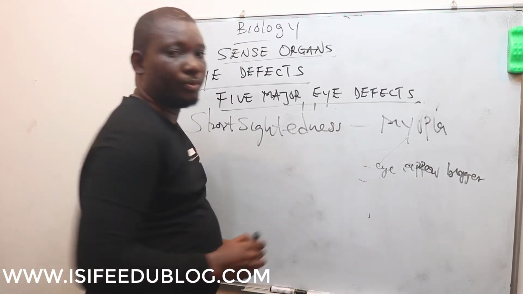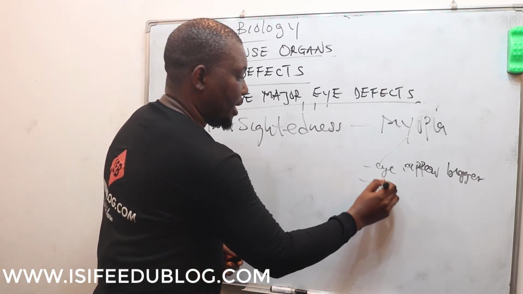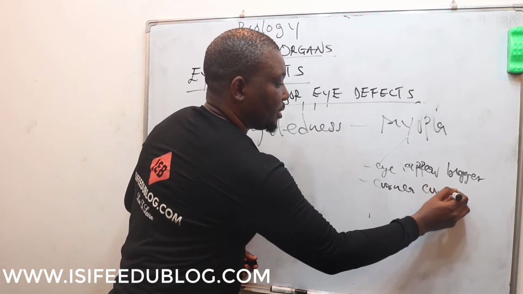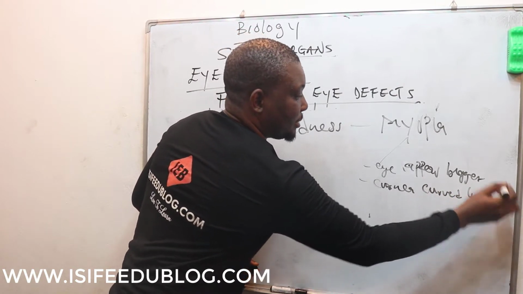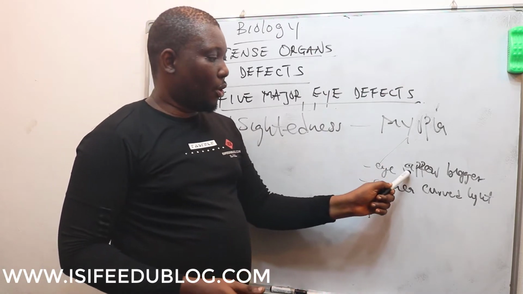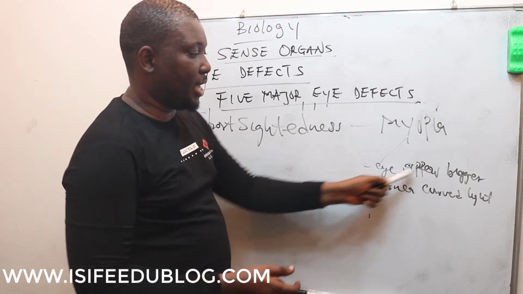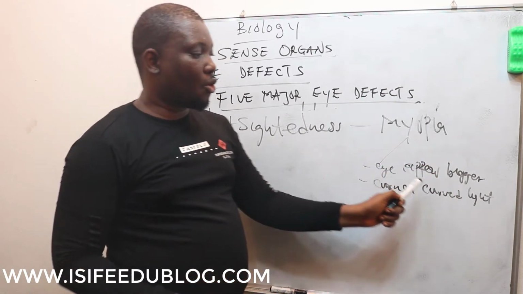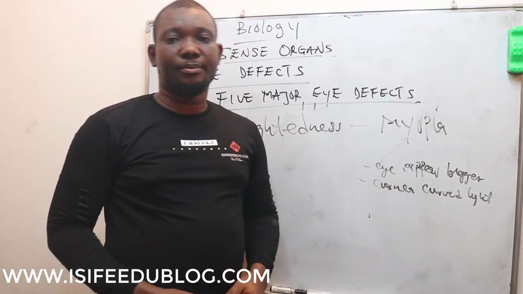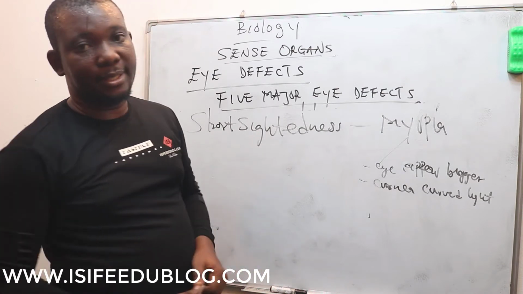And 2, the cornea curves light. Eyeball appears bigger, cornea curves light. These are the conditions of myopia or short-sightedness.